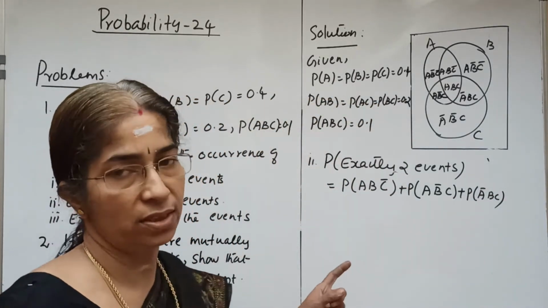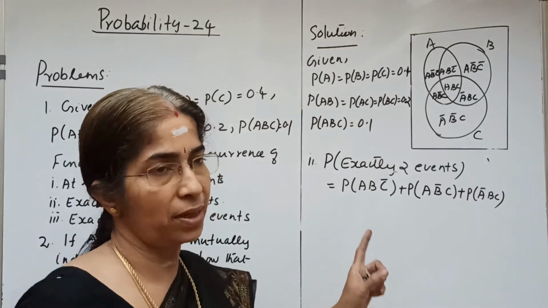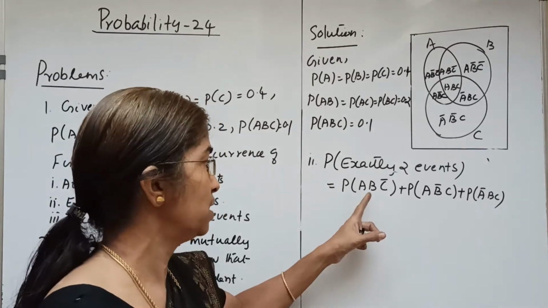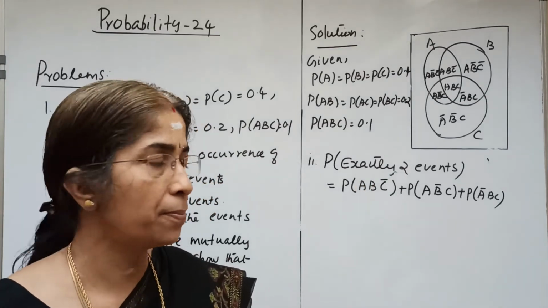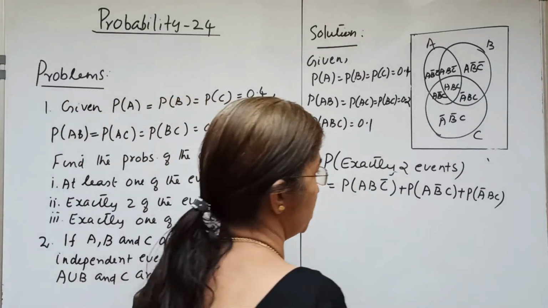Exactly two of the three means that two happen and the other one does not happen, that is P of A B C bar plus P of A B bar C plus P of A bar B C.